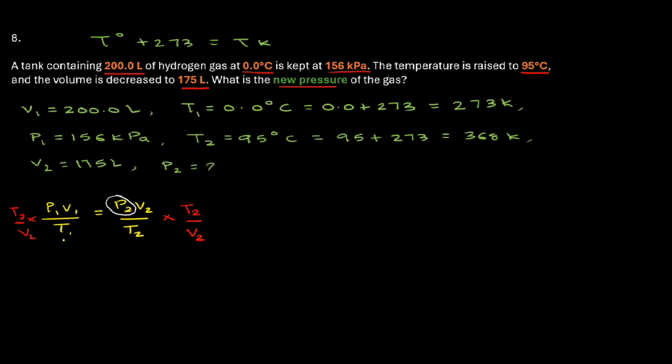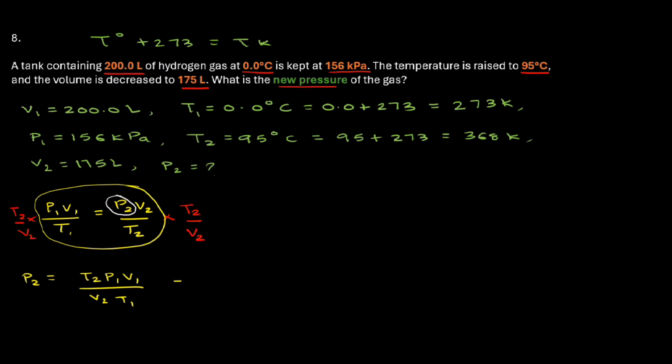When you rearrange this term, you get your final expression for pressure P2 as T2 P1 V1 over V2 T1. You leave P2 alone on the right hand side and multiply everything on the left hand side and write it together. If you do not want to rearrange, you can always use shift solve in the first expression here to get your answer.